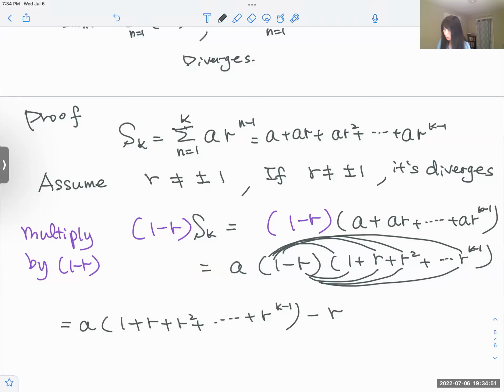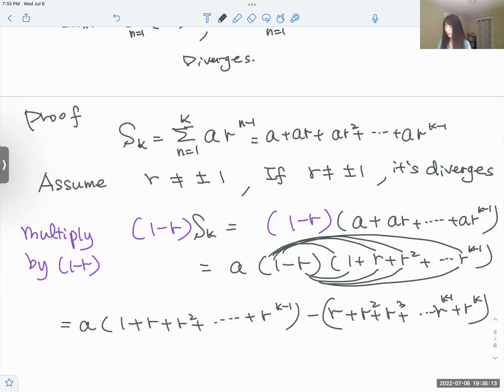So I want to make it positive, then I make a parenthesis. So r squared, and then r cubed, until r to the k power. r to the k minus 1, plus r to the k, right?